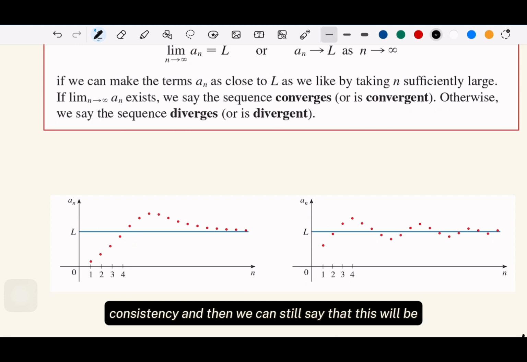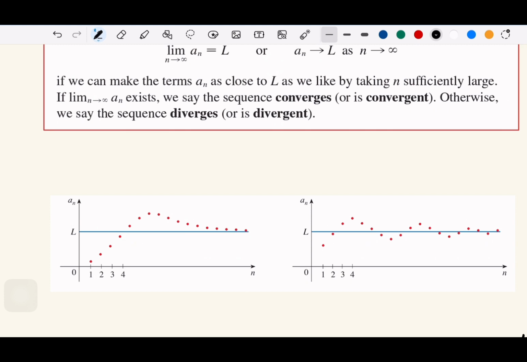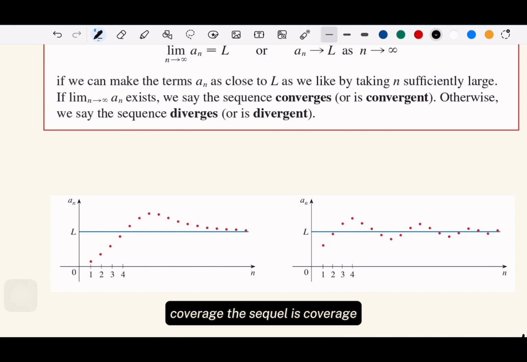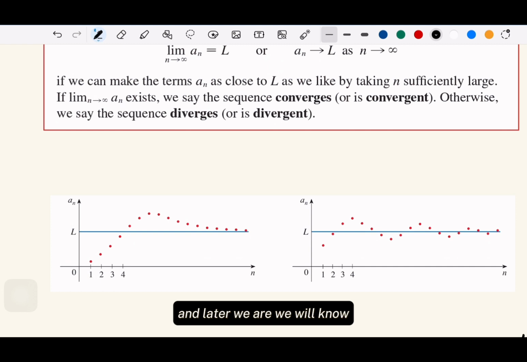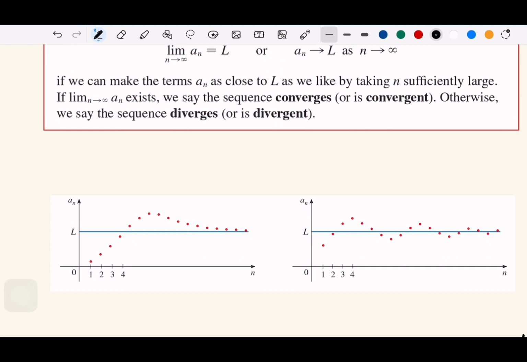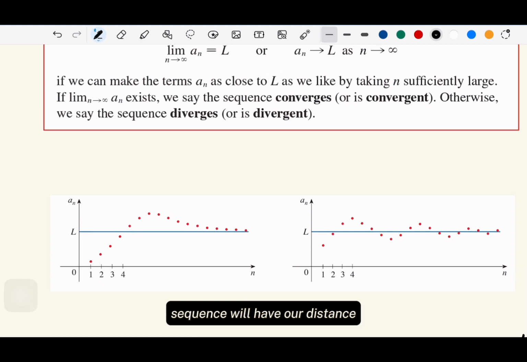And then we can still say that this will be converged. Okay? The sequence is converged. And later we will know how large n needs to be to make this sequence consistent.